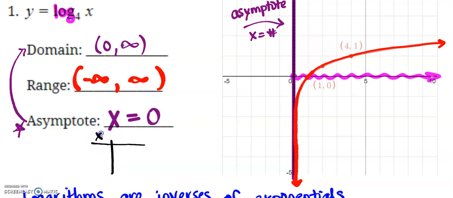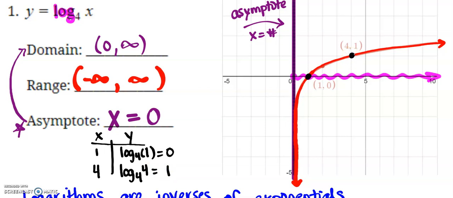So the first one is it's very easy to plug in 1 because the log of 1 is always 0, right? So that's this point right here. 1 in, 0 out. And then it's just as easy to plug in the base because the log base 4 of, in this case, 4, what we're plugging in, would just be 1. So that's this point right here.